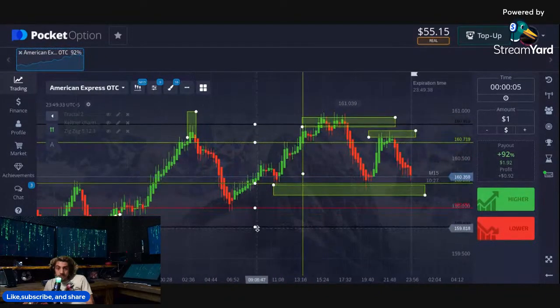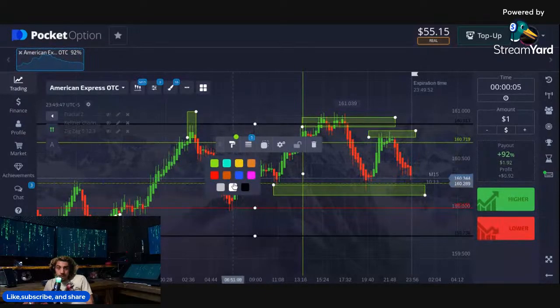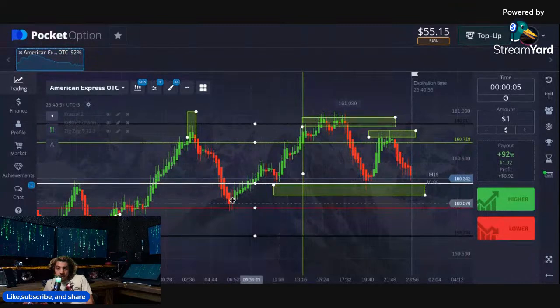Oh yeah, okay, so I got this line too. This green one is one of my median lines, and it shows resistance right here, resistance right here, resistance right here.